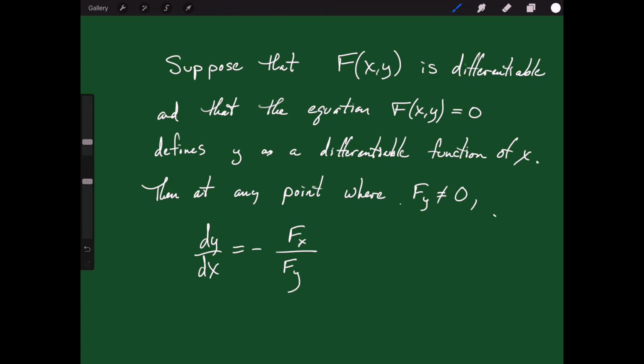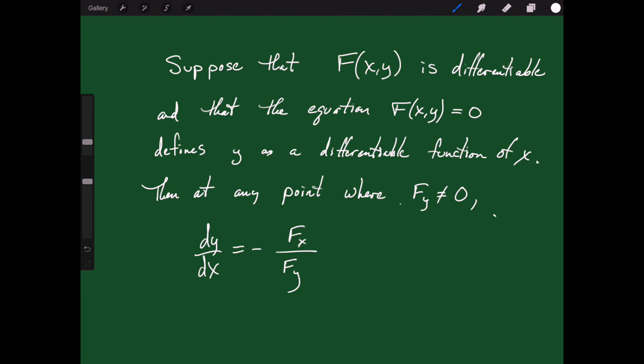In other words, capital F's partial with respect to x divided by capital F's partial with respect to y. And this is always true if the partial with respect to y is not 0. And this just makes these problems extremely simple, okay?